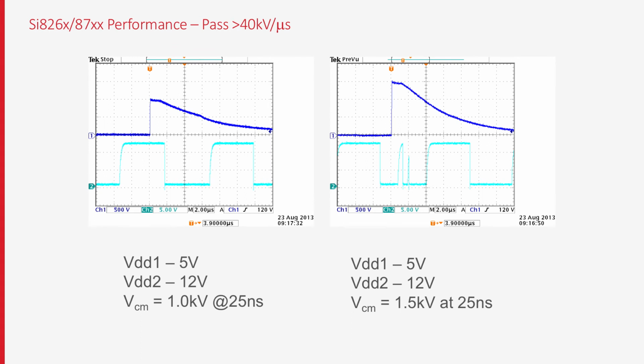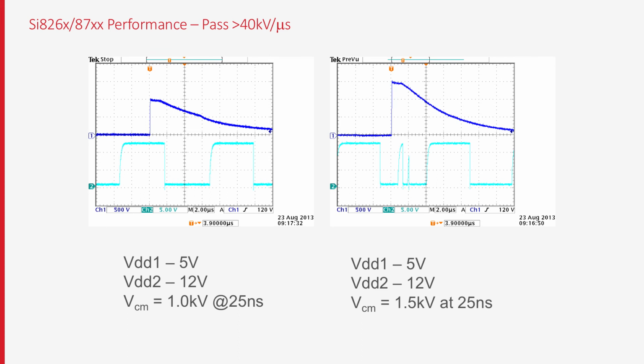Again, to save time, we have taken data and illustrate the performance of Silicon Labs' SI826X opto isodrivers and 87XX opto isolators here. As can be seen from the graphic, they demonstrate a performance that passes greater than 40 kV per microsecond. This is 8 times higher than the competitor's claim.